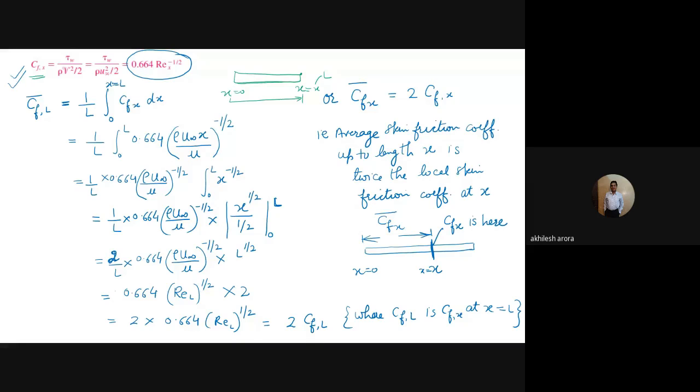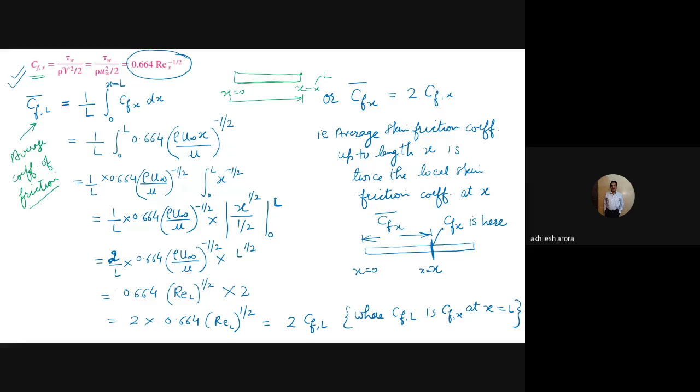Now I am also interested in calculating the average friction coefficient for the whole length of the plate. This is the average or mean value of the coefficient of friction for the whole plate.